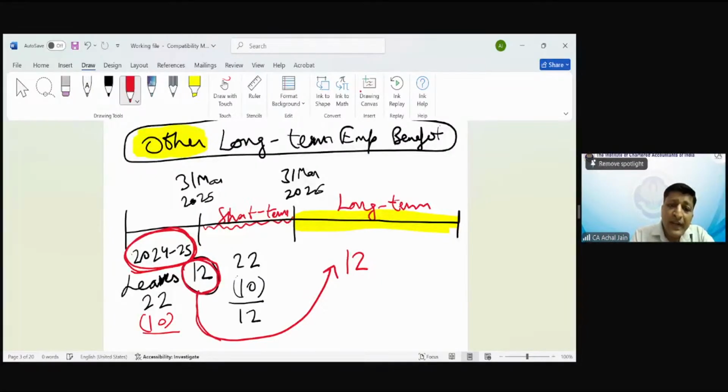You are expecting this will be availed after 12 months from the balance sheet. So can you record it as short term? Tell me. No, sir. So therefore you'll have to call it long term. So you can say it's an extension of the concept that we discussed in the previous session.